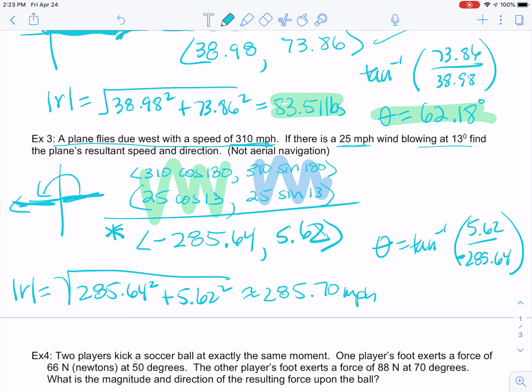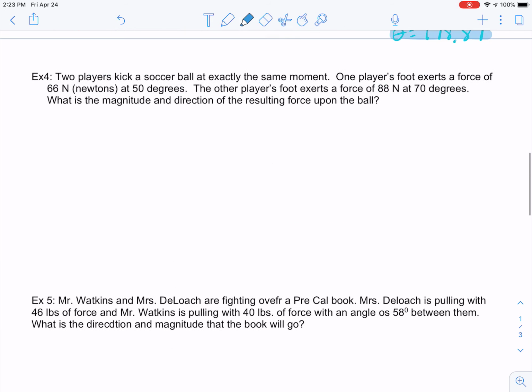And I get that theta is negative 1.12 or 13, but I'm going to go plus 180. Okay, so theta is 178.87 degrees, which makes complete sense because it was going due west, but the wind blew it up just slightly north of due west. So there's your two final answers, okay?